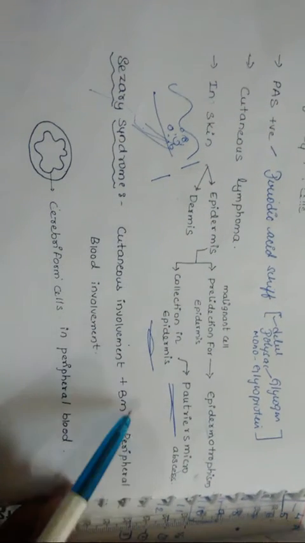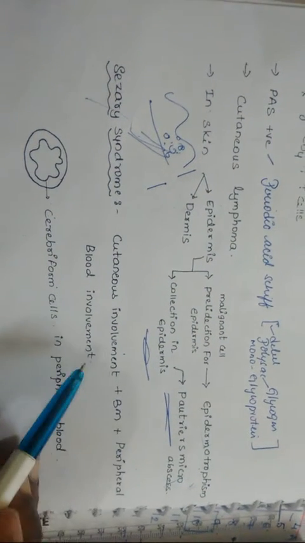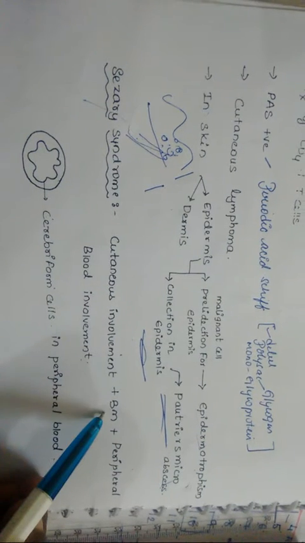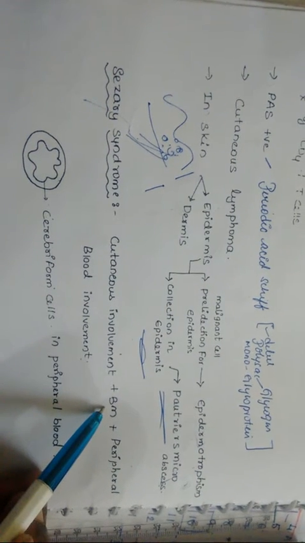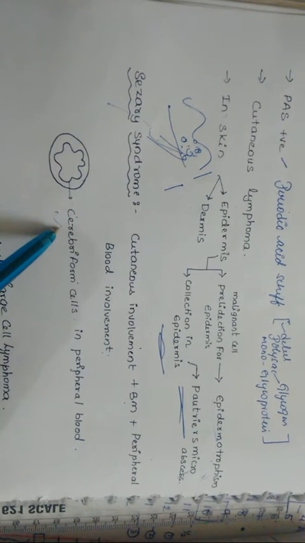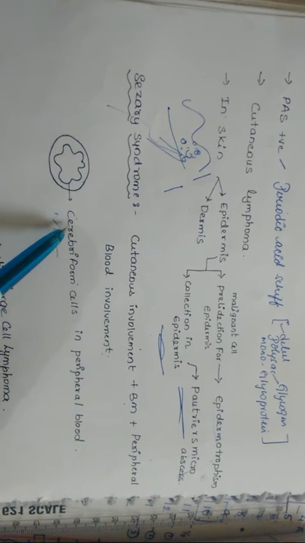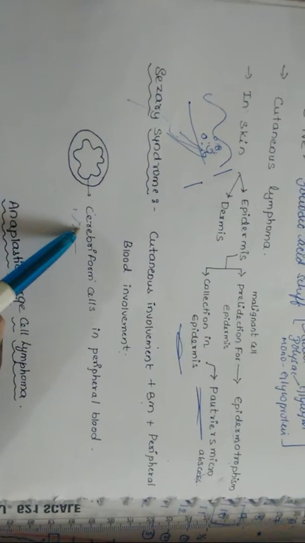So there is cutaneous involvement before they spread. It goes into the peripheral blood, and it also affects the bone marrow. When I take the section and see the tumor cells, the nucleus looks convoluted, and we call them cerebriform cells in peripheral blood.